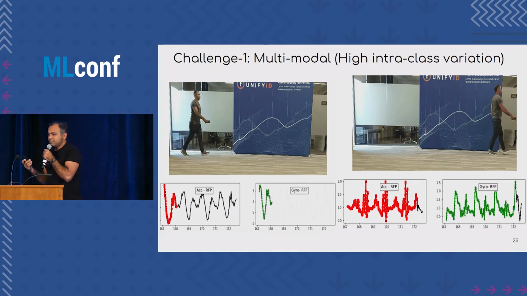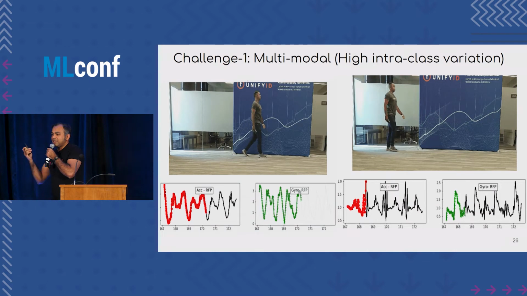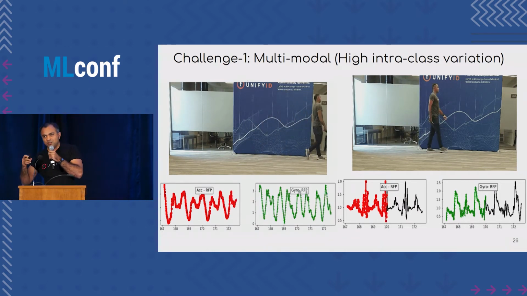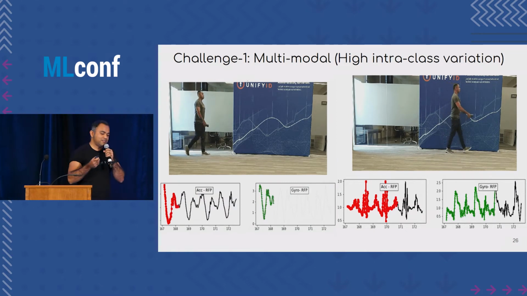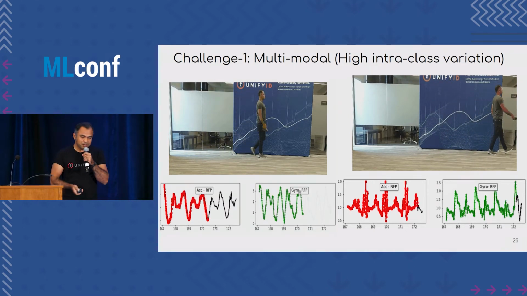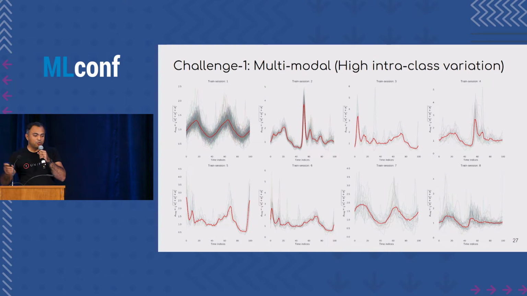This is unique in the sense that typically cats tend to look like cats in vision. Of course, there are occlusion effects and all that stuff, but here the variation is much more stark. This is another visualization of how much my gait cycle changes through different enrollment sessions.